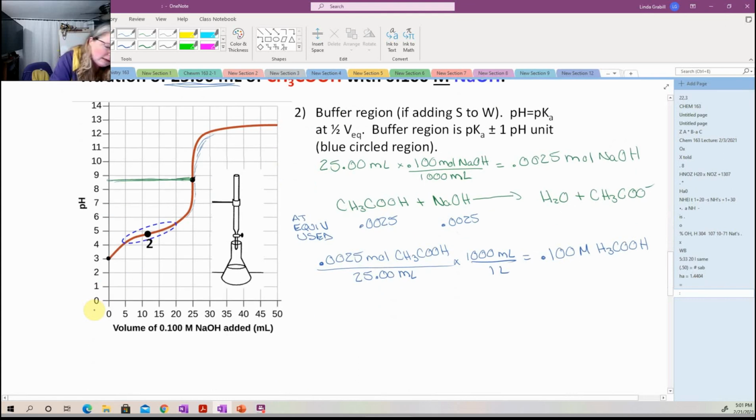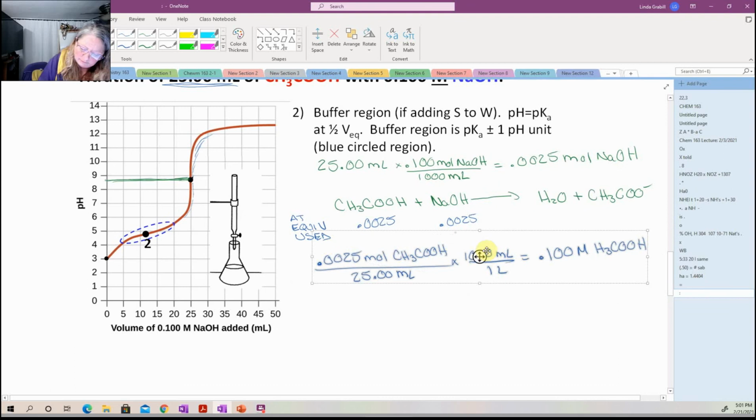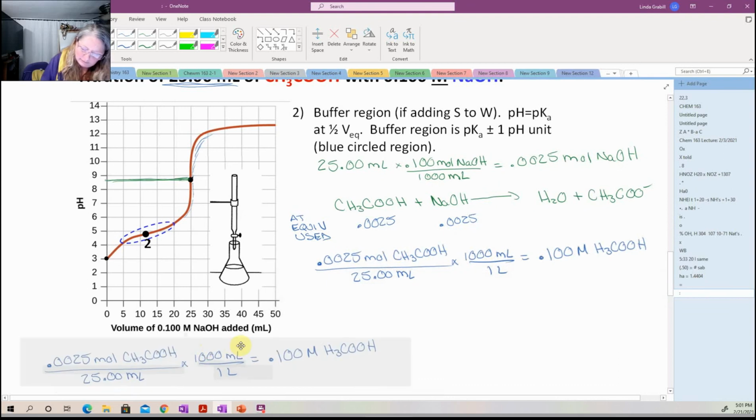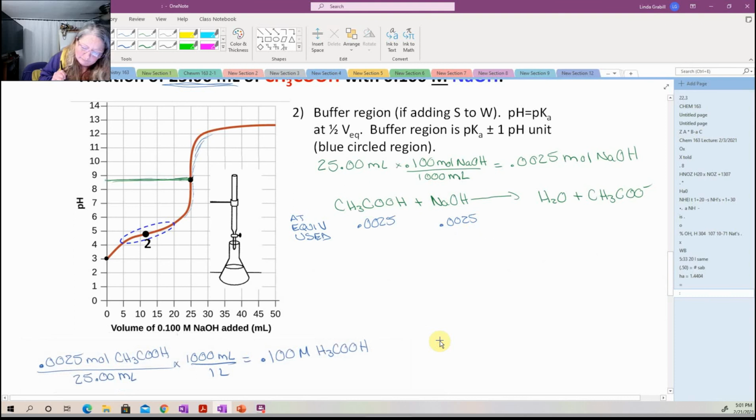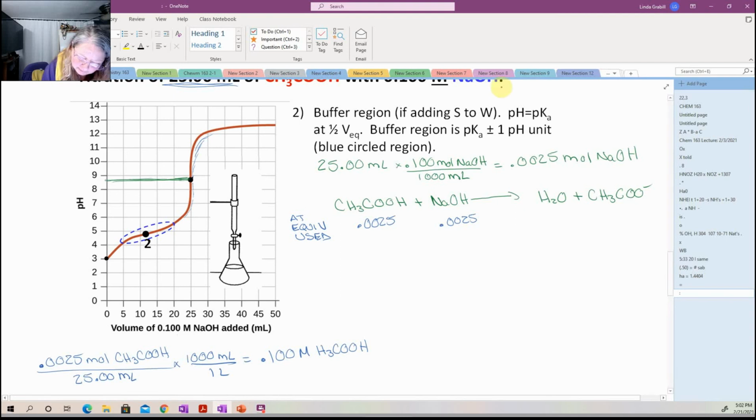Let's move this thing out of the way. Now I can say, okay, I know what my molarity was for my CH3COOH. Let's write this down so we have a note of it.